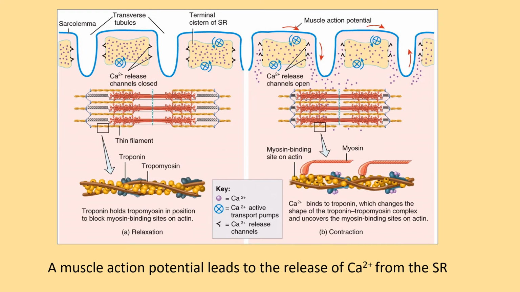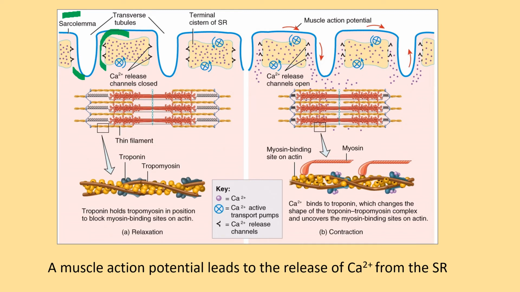All right, we're putting the pieces together. I hope you recognize all of the components here. So again, on the left side, we have a relaxed muscle cell. And on the right side, we have a muscle cell during contraction. So let's start with the relaxed. And let me remind you of what you know. You recognize the sarcolemma, you recognize this T-tubule, you recognize that this is the sarcoplasmic reticulum.